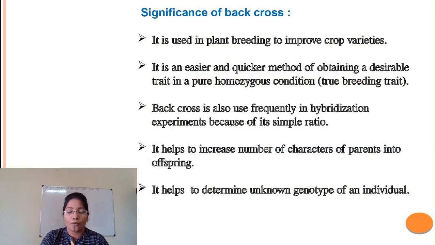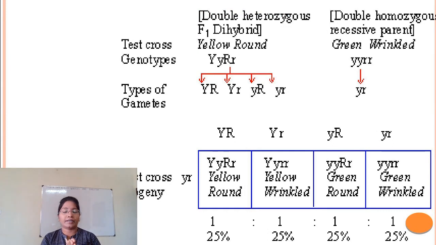That means as a result of the test cross, when all F2 offspring are dominant, the individual is homozygous, and when 50% are dominant and 50% are recessive, it is heterozygous in nature.